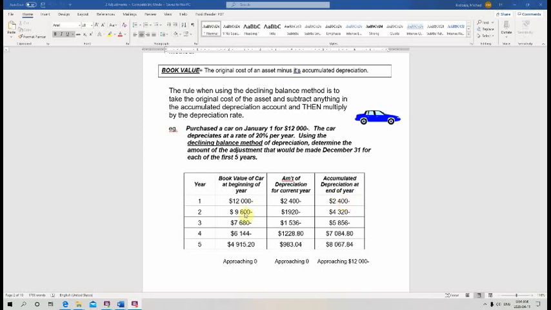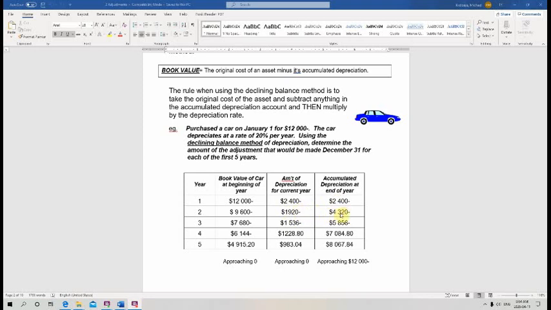So to start the second year, the book value, which is the original cost minus what's in our bucket, gives us book value. So we take the book value now and multiply by 20%, and that's going to give us 1920. That 1920 now goes into our bucket. So our bucket now has this plus this for a grand total of this.